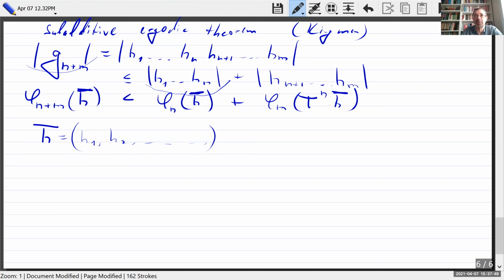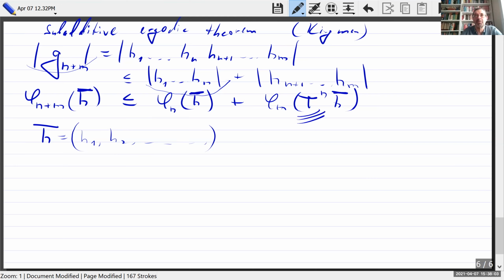So we have this inequality, which looks like the usual subadditive inequality, except it is a skewed subadditive inequality. Here I am also using my transformation T, which is the shift in the space of increments, the Bernoulli shift.